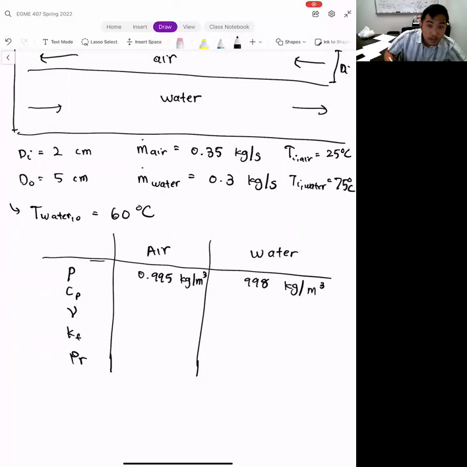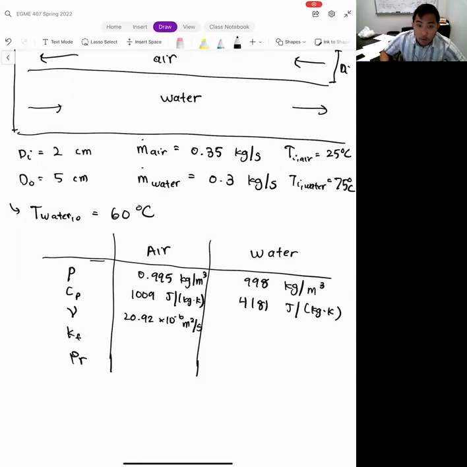Cp for the air is 1009 joules per kilogram K. Cp for the water is 4181 joules per kilogram K. Kinematic viscosity is 20.92 times 10 to the minus 6 meters squared per second, and for water, it's going to be 9.61 times 10 to the minus 4 meters squared per second.